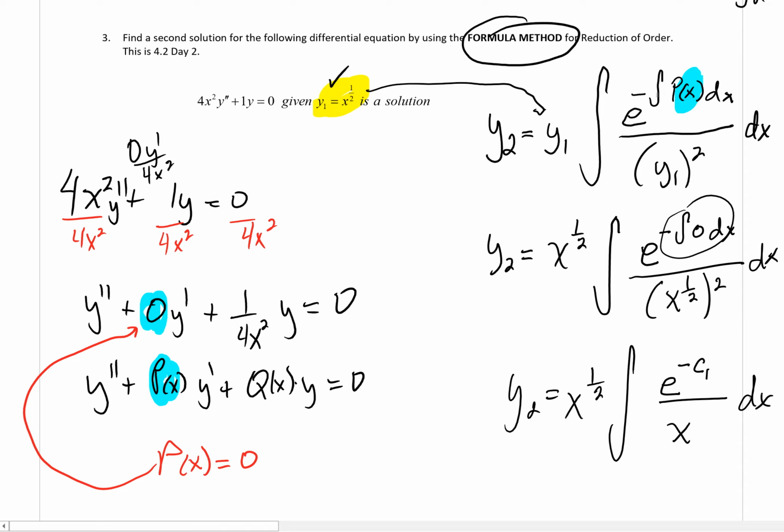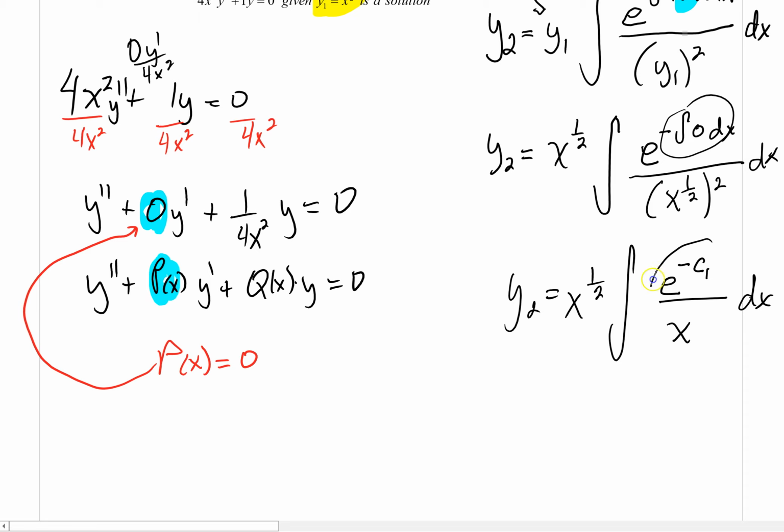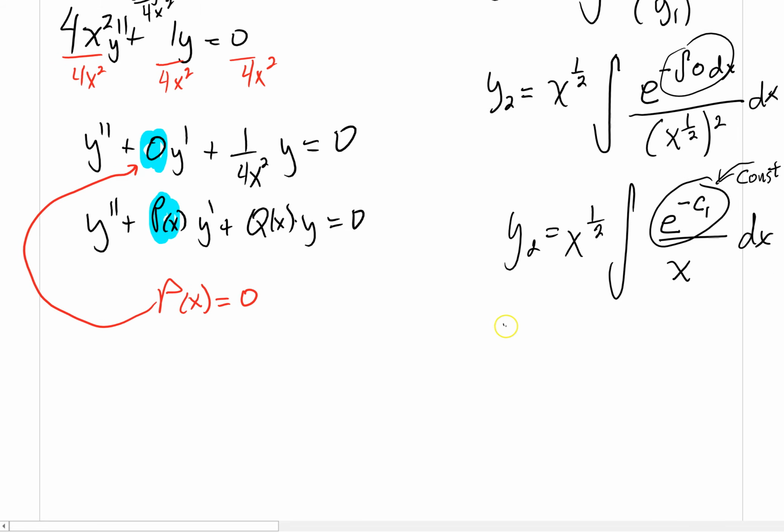So I guess what I'm trying to tell you is, plain and simply, this right here is a constant. And tell you what, you could just pull that out in front as a result. You could just say, call that C2. If you'd like, e to some fixed number is going to be some fixed number, isn't it?